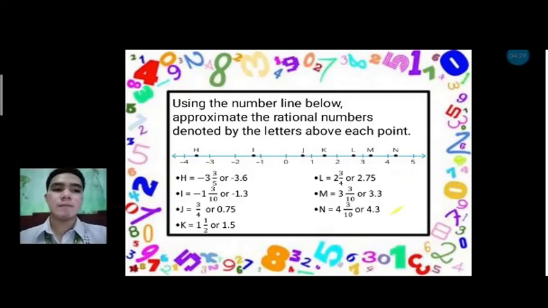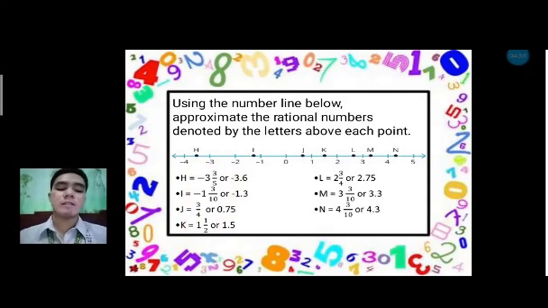So my approximated value is 4.3 or 4 and 3 over 10 as the value of point N. What I'm showing you is that we can express a rational number as a decimal number or in fraction form.